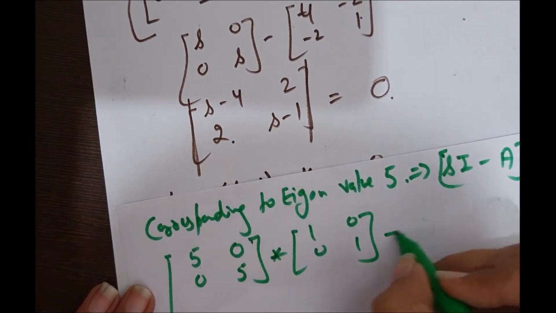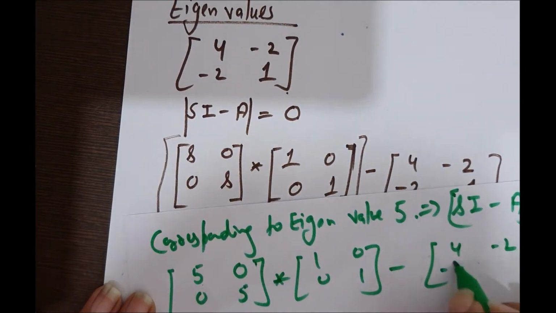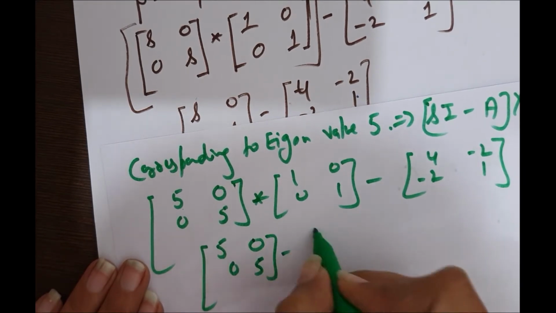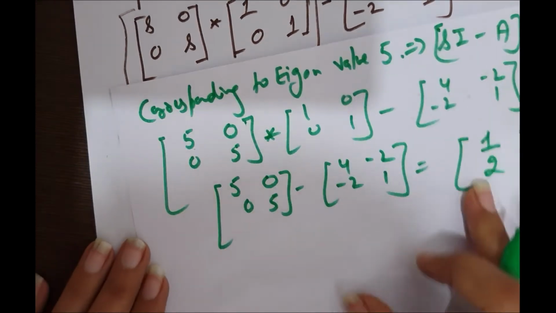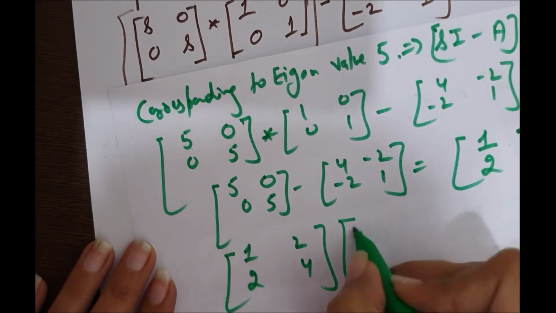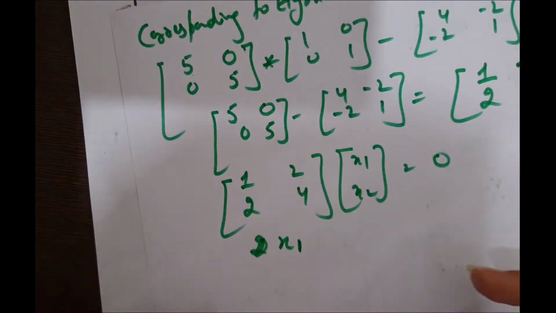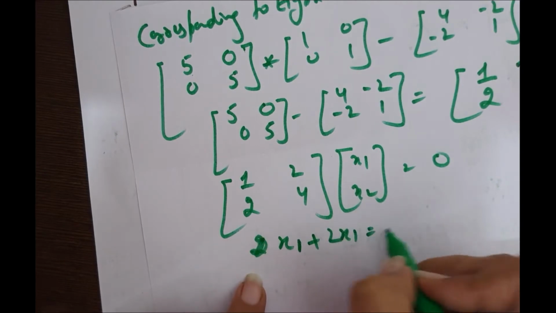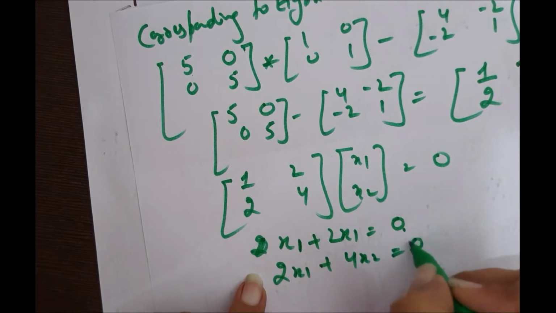Here in this case it is 5 0 0 5 minus the matrix, that is 5 0 0 5 minus 4 minus 2 minus 2 1, and it comes out to be this. The eigenvector of this eigenvalue would be x1 x2 equal to 0. Here from this equation we got x1 plus 2x2 is equal to 0 and 2x1 plus 4x2 is equal to 0.